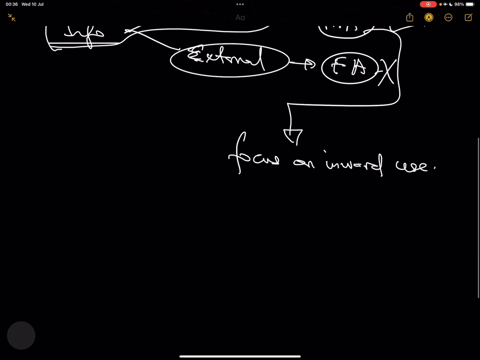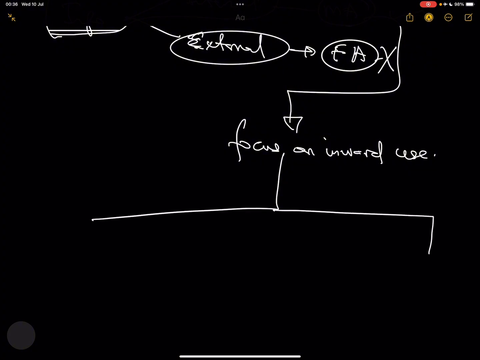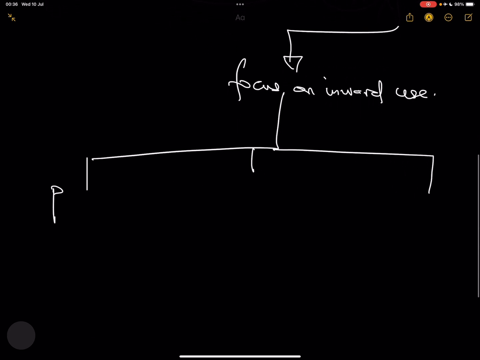And when you focus on inward, this type of information can now be grouped into three categories. And now I'm coming to your syllabus. There's past, there's current, and there's information for the future.